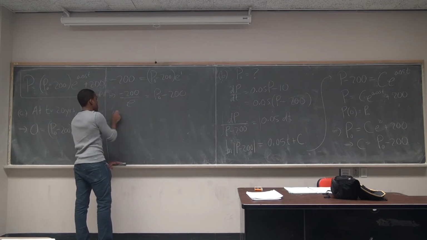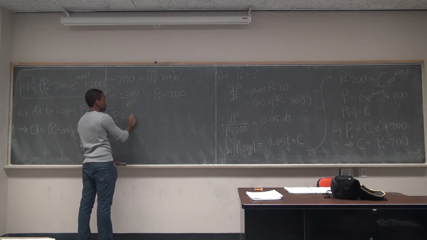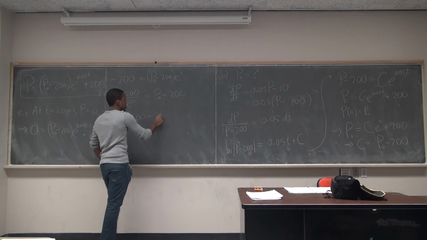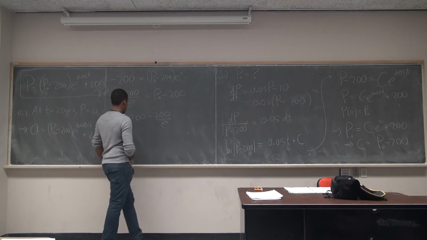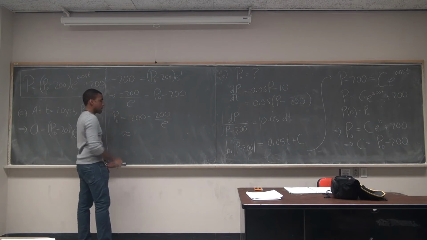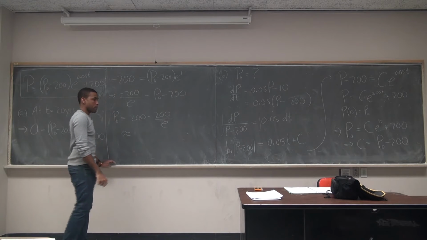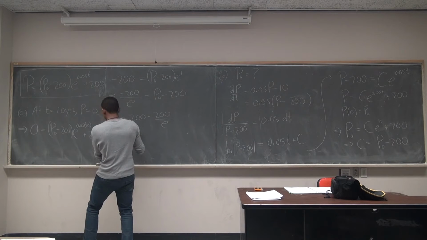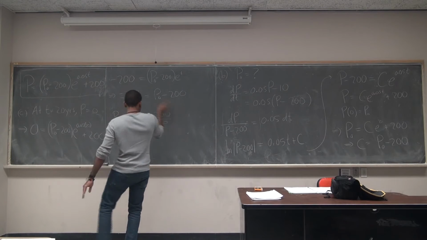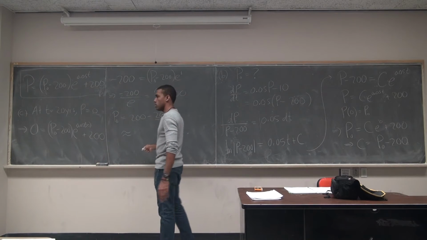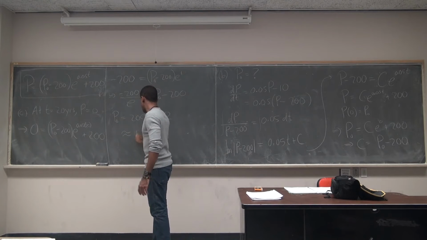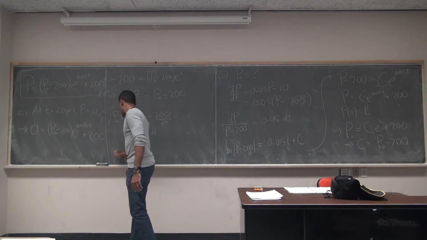And so my P naught is 200 minus 200 over e, which is approximately what? The entire answer, yes. 126.4.